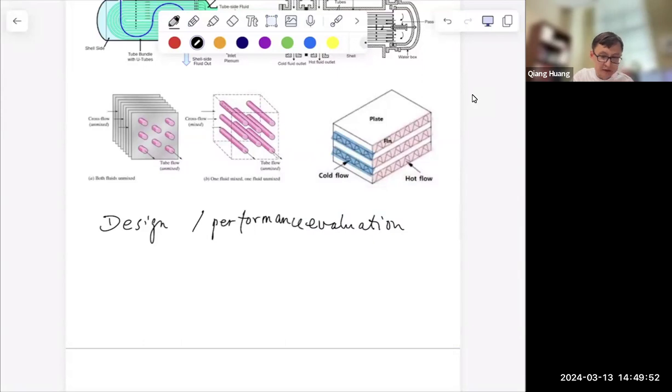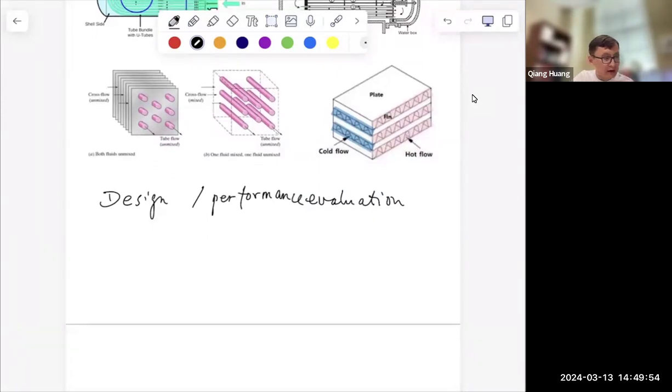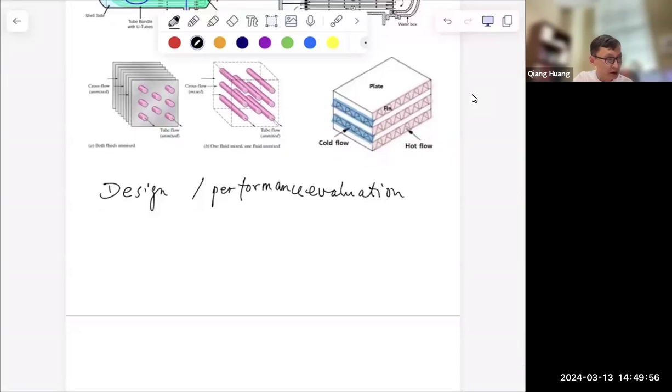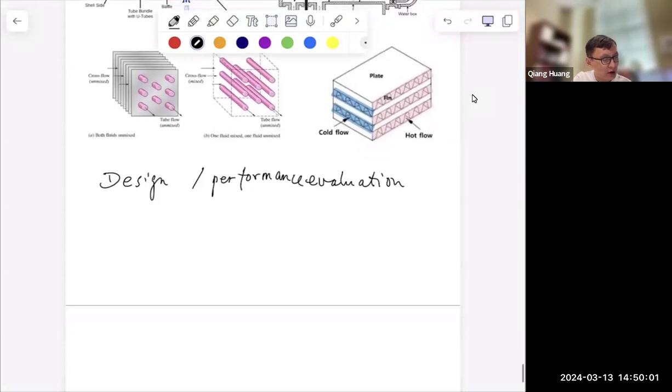Performance evaluation. The way that we do it, we will use different parameters and correlate those. There are a few operation parameters, such as the mass flow rate, the specific heats of the fluids, and also the temperatures, inlet and outlet.